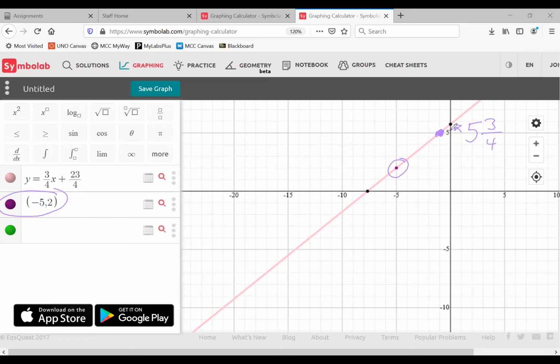And that's something that would be more challenging to graph by hand. But if you start at -5, 2 and use the slope, you should be able to see that the y-intercept is somewhere between 5 and 6. But by using the equation that we did, we were able to get a more accurate answer of 23/4 or 5 3/4. So anyway, that's kind of the visual of what we just did.